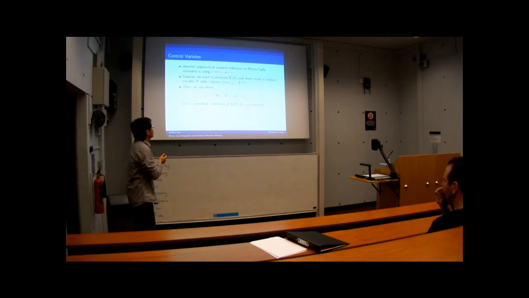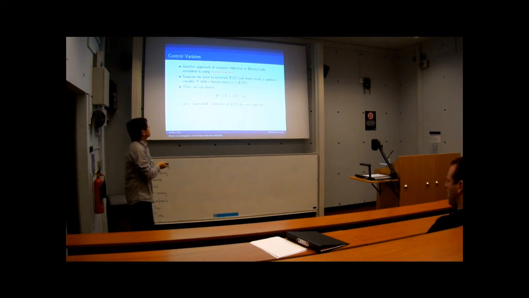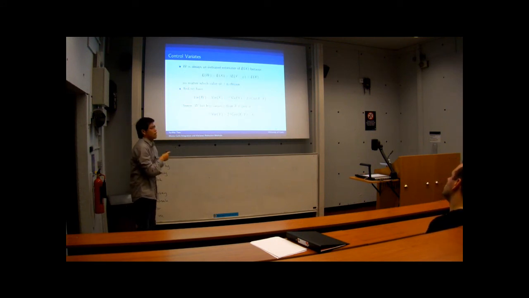And the second method of variance reduction is called control variate. In this method, we define a new variable W equal to X plus beta times (Y minus mu), where Y is a random variable with a known mean mu, and beta is a constant. And we can prove that this W is an unbiased estimator of X, no matter how beta is chosen.